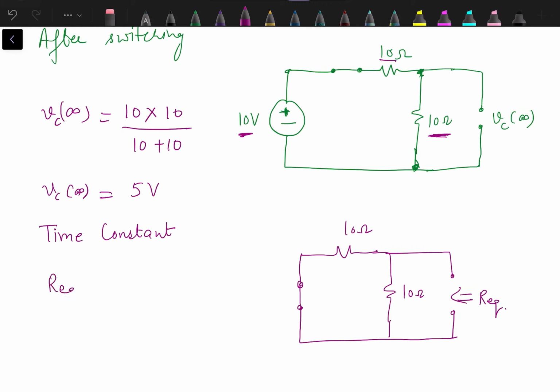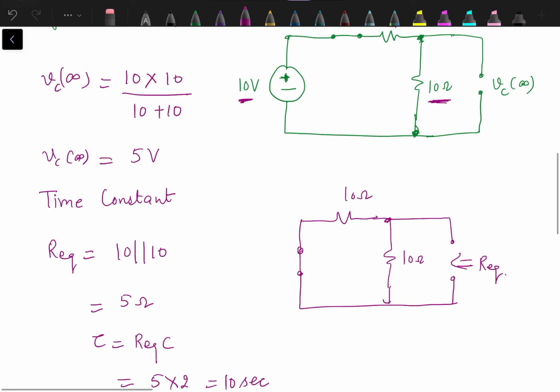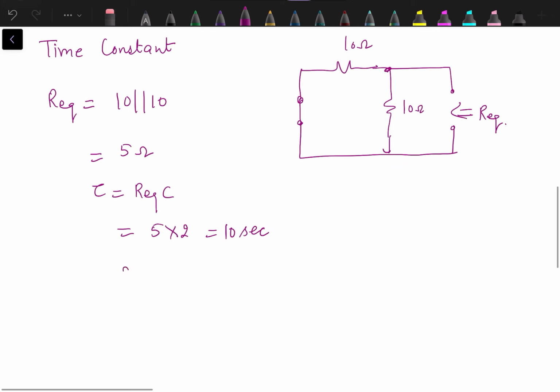Now, as seen from the capacitor terminals, both 10 ohm resistances are in parallel. So the equivalent of these two is 5, and tau, the time constant, which is R equivalent into C, is 5 into 2, 10 seconds.